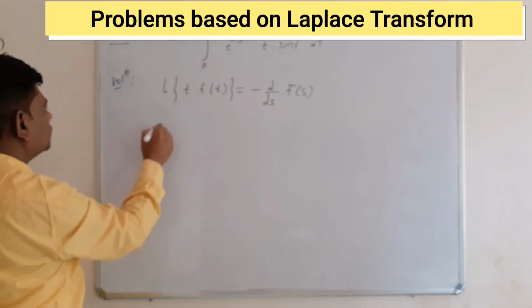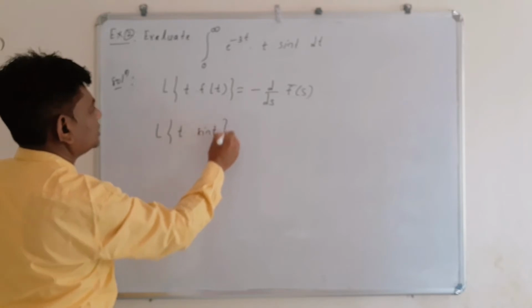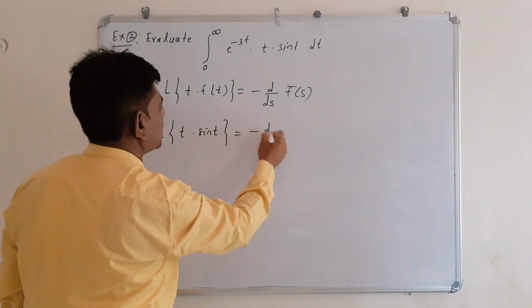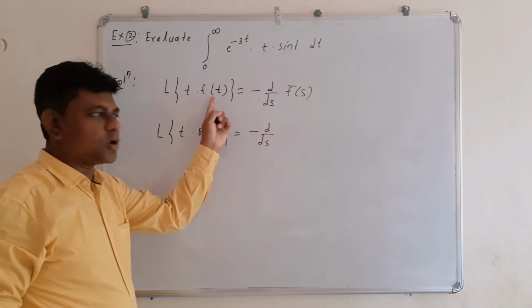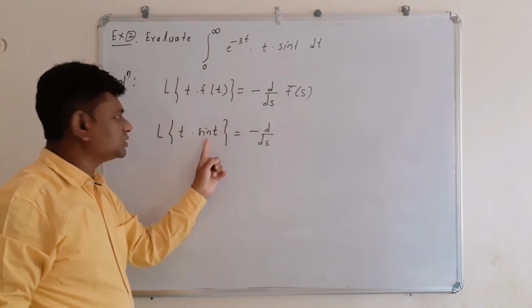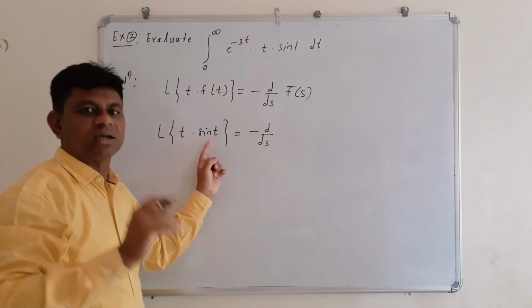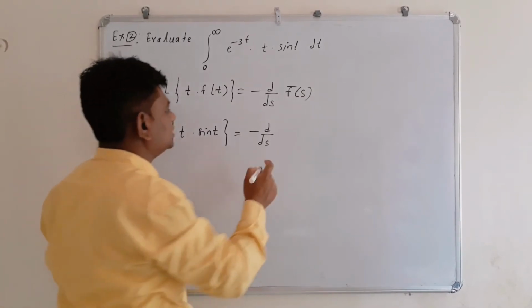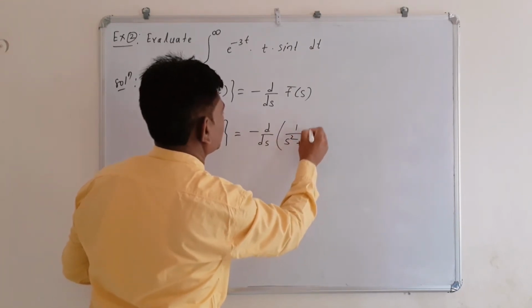So therefore Laplace transform of t times sin t is equal to minus d by ds of f bar s, where f bar s is the Laplace transform of sin t, and we know that Laplace transform of sin t is 1 upon s square plus 1.